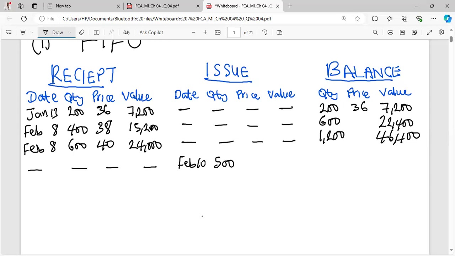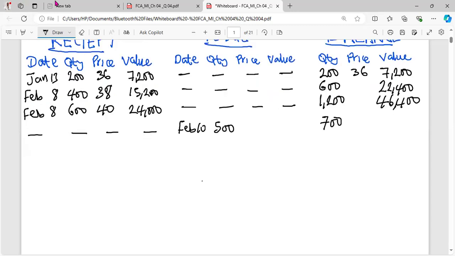Okay? So we won't put a price here. We won't put a price for now, and we won't put a value. We'll come back to here, and we will say 1,200 minus 500. That will give us 700. So balance here is 700. We'll leave it at that first. We'll come back.